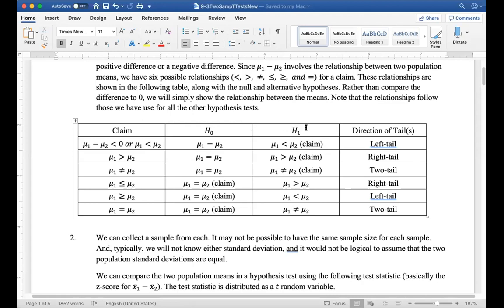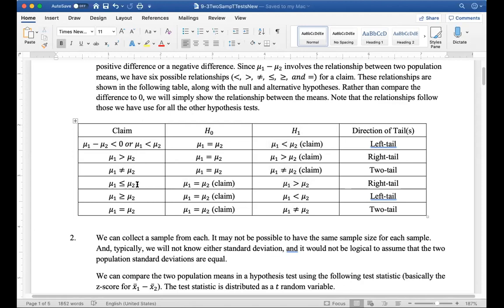H1, again, just like all the other hypothesis tests, if the claim did not include equality, it was less than, greater than, or not equal to, then H1, the alternate hypothesis, is going to be the same as the claim, okay?